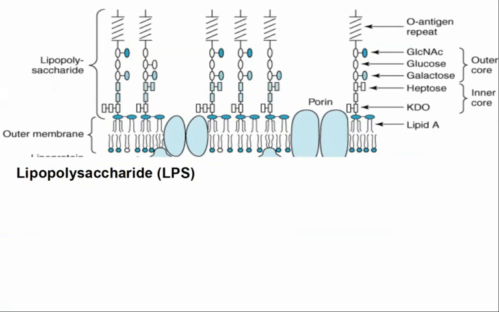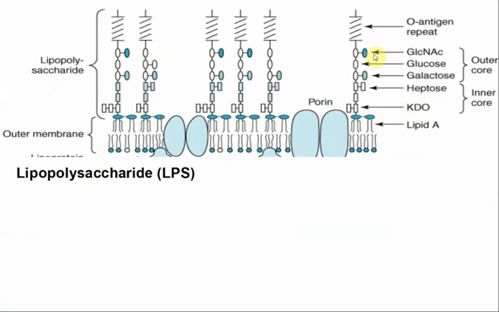The outer leaflet is composed of lipopolysaccharide. So what is that? There's a lipid part at the base, attached to a core oligosaccharide. This core oligosaccharide has some weird sugars in it, like KDO, and then some more familiar ones. The structure of the core oligosaccharide is pretty well conserved. Certainly, all the species within the same genus will have the same structure of the core oligosaccharide.